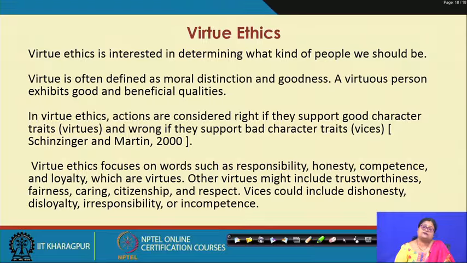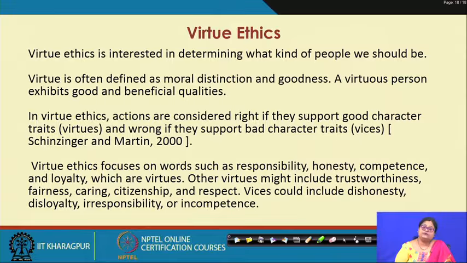But we have not focused on the qualities of the decision maker. Virtue ethics focuses on the qualities and traits of the decision maker who makes the decision. So it is interested in determining what kind of person we should be.